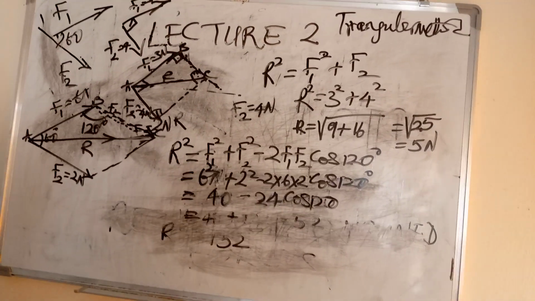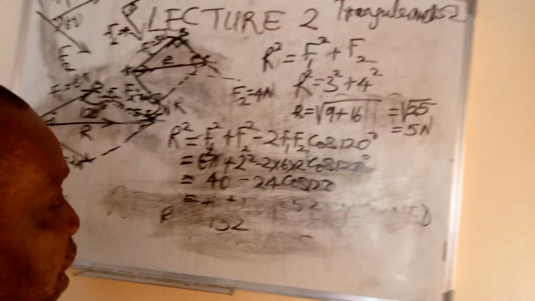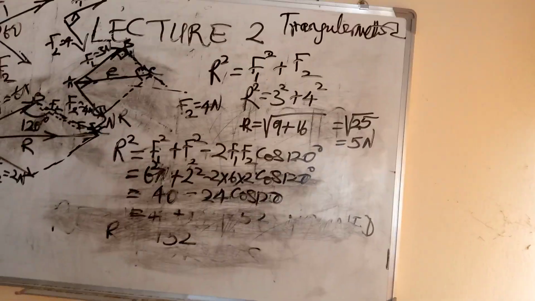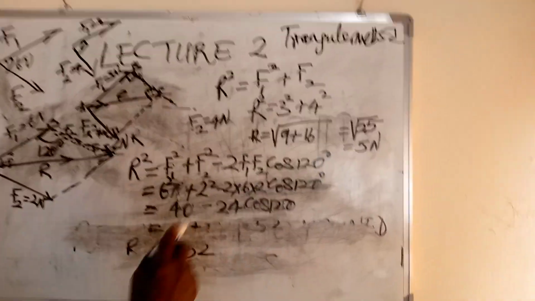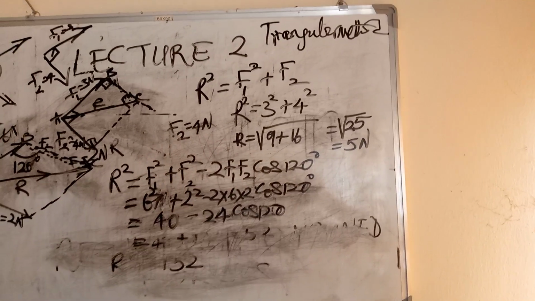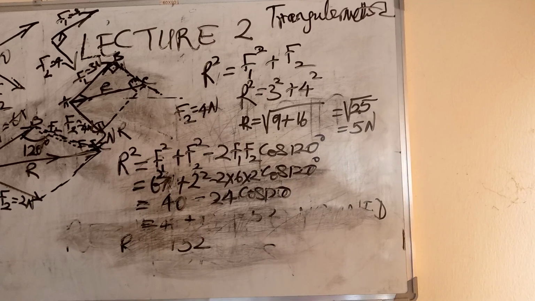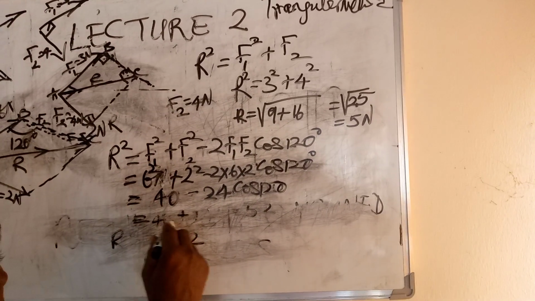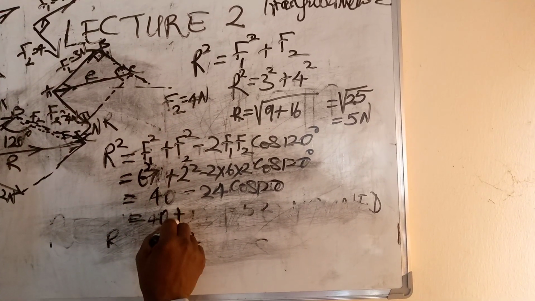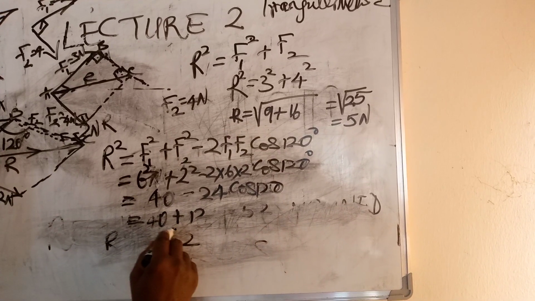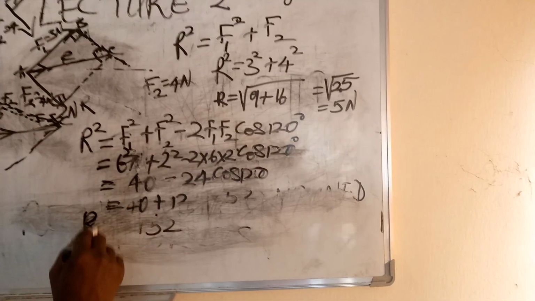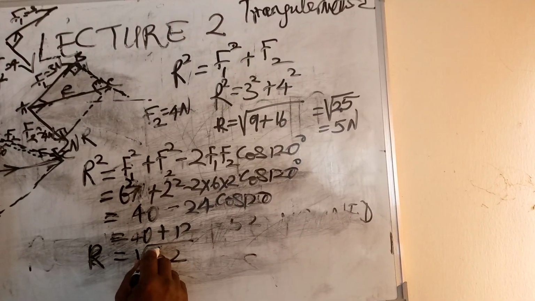Cos 120 is minus 0.5, half, so minus 0.5 times 24 will give you plus 12. 40 plus 12 is 52, so R is equal to square root of 52.